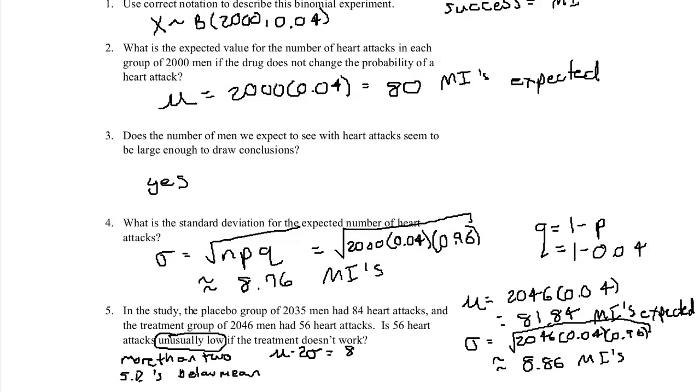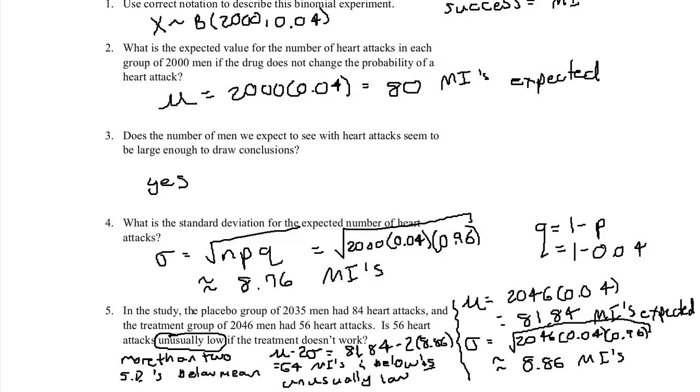So we expect 81.84 heart attacks. We take away 2 times that standard deviation, 8.86, and we wind up with, pop that in your calculator, 64 heart attacks and below. 64 heart attacks and below is unusually low.